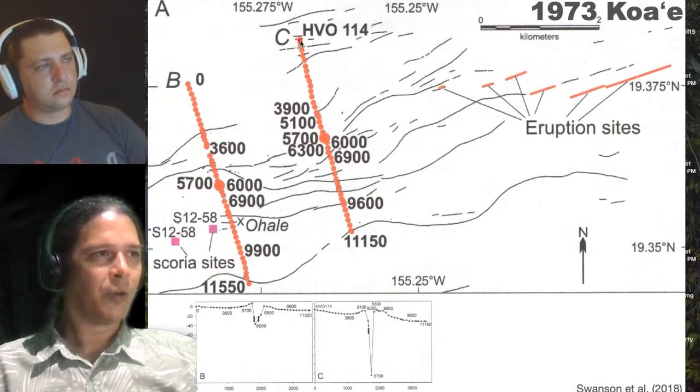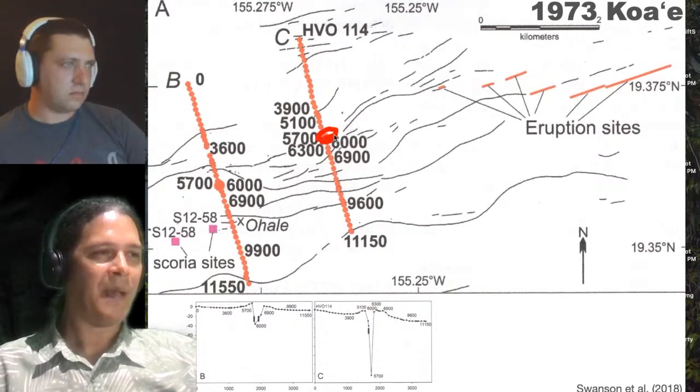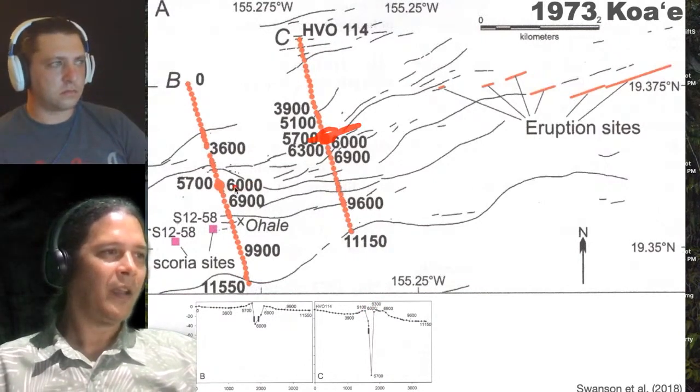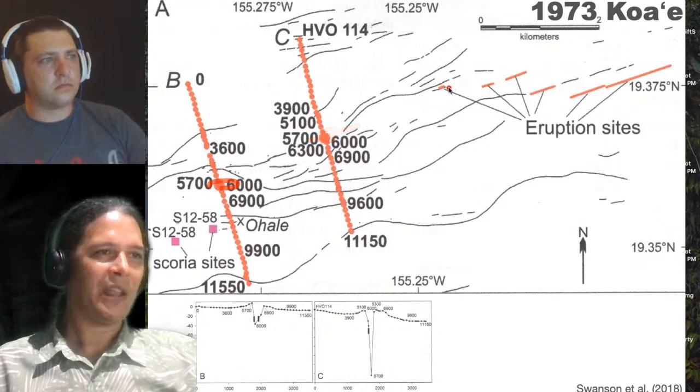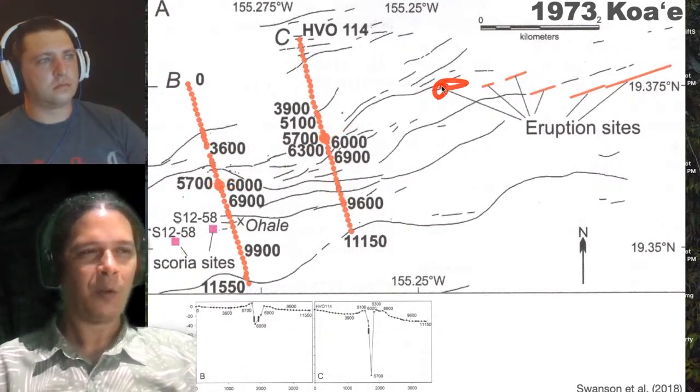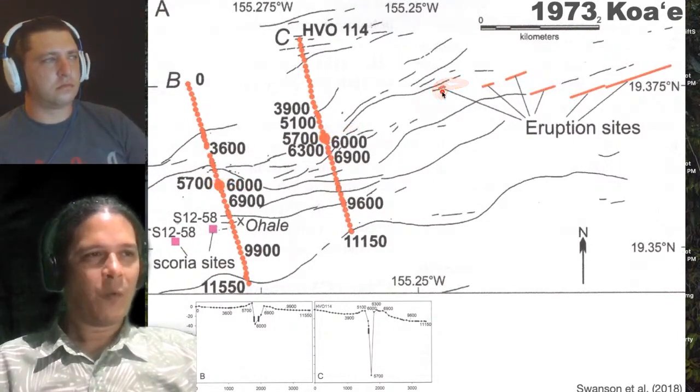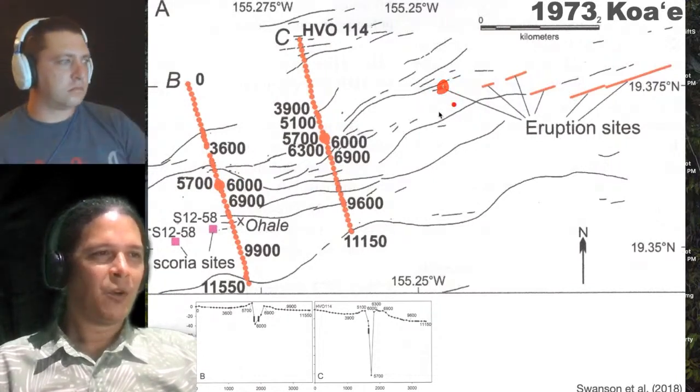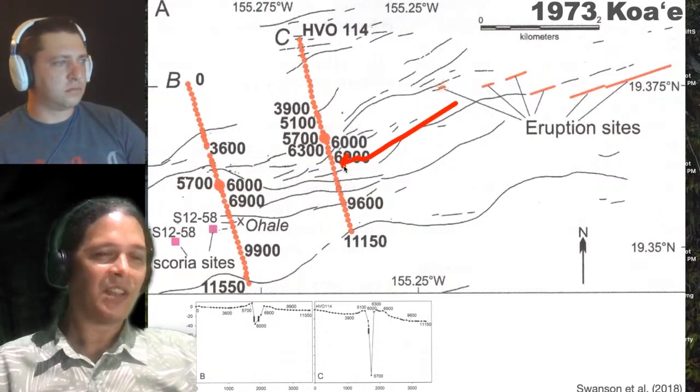In any case, during these two transects, they found evidence of magma injecting underground here and here, all this distance away from the eruption site over there. So not only is lava erupting once in a while, more often it's actually coming into the Kauai Fault Zone and injecting into these cracks passively.